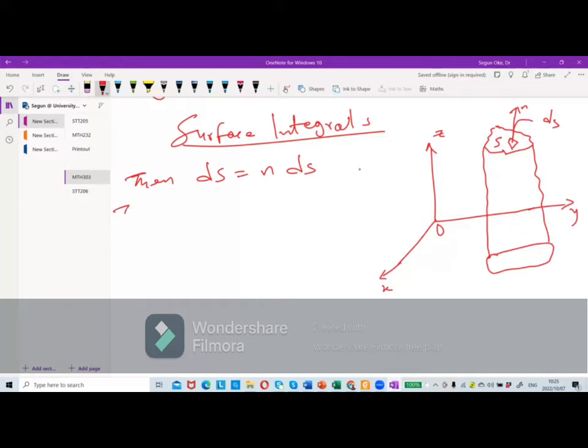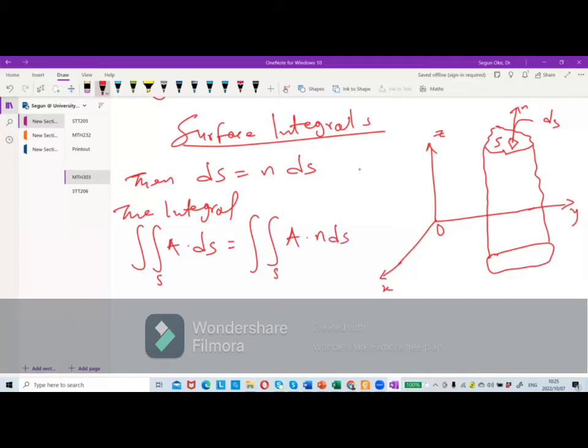And for the integral, we use a double integral in this case. S for surface, A dot dS, which is the same thing as the integral of A dot n dS. Like we said here, we define A. So we move on.